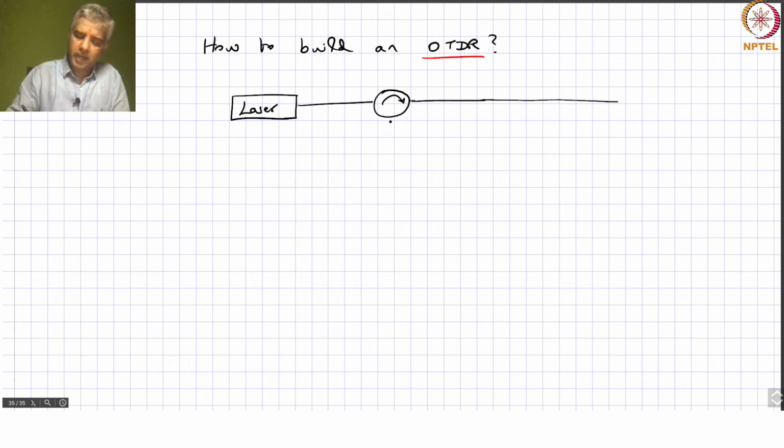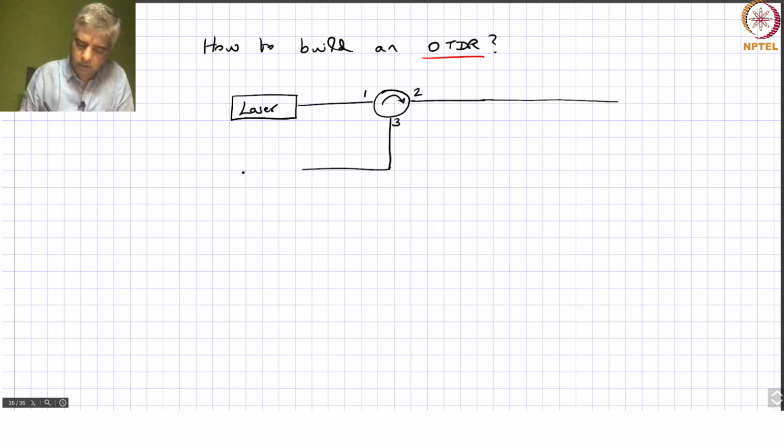Whatever is backscattered, the circulator takes from port 1 to port 2, and whatever is backscattered comes to port 3. That's where, let's say, you connect your receiver.